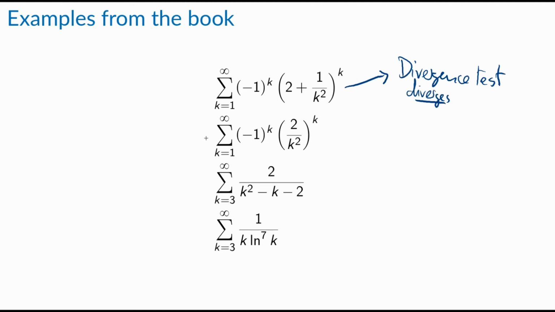Okay, the second series that I have here looks very similar, but now we have the sum from k equals 1 to infinity of (-1)^k, so it's alternating, times (2/k^2), whole thing to the power k. Well, here we can use either the ratio or the root test. I'm going to propose the root test.